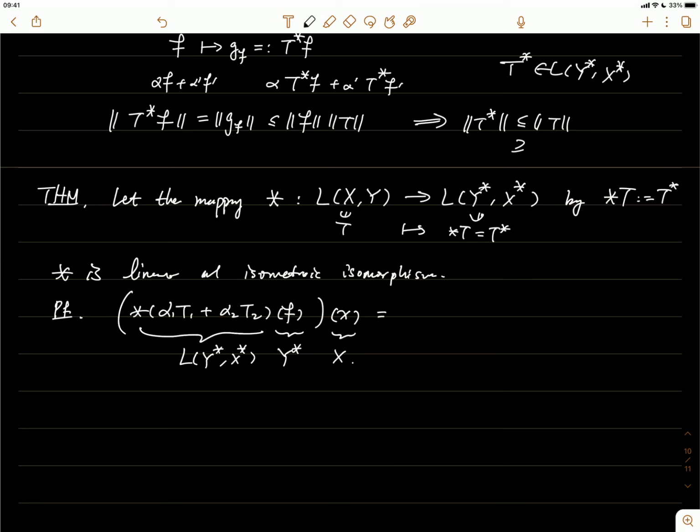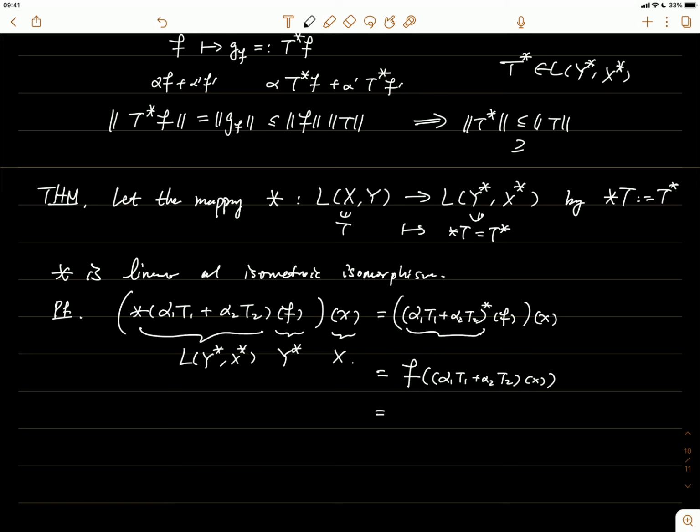So the star mapping, as we said, just maps an operator to its adjoint operator. So the adjoint operator is alpha 1 T1 plus alpha 2 T2 as a whole, applied to f, and then applied to x. But by the definition of the adjoint operator, this is equal to f of alpha 1 T1 plus alpha 2 T2 applied to x, right?